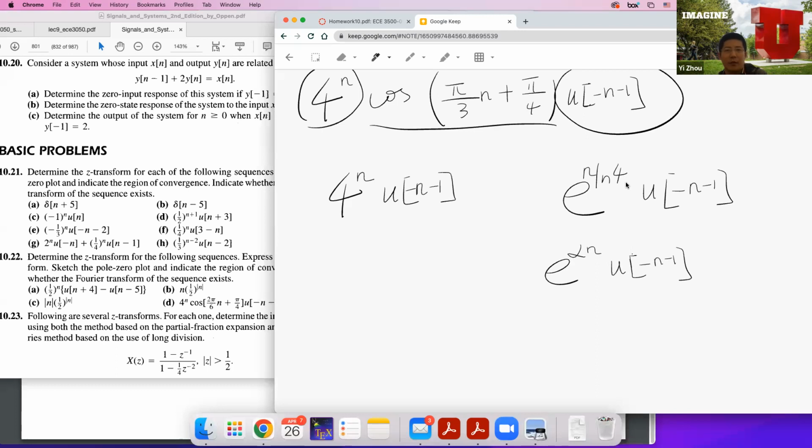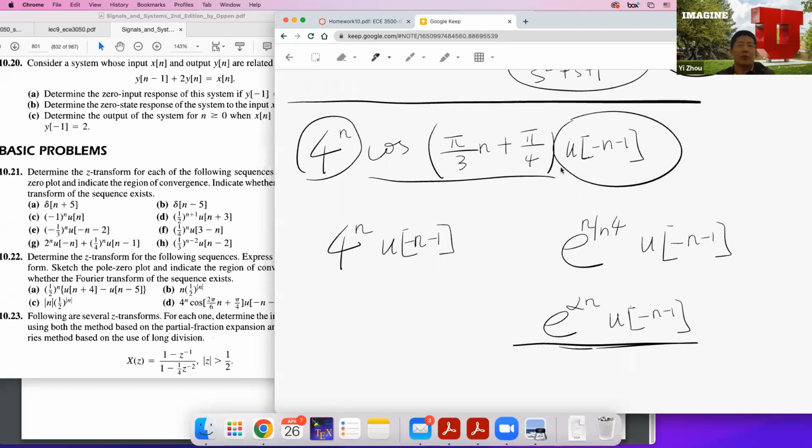Where this alpha is basically log 4, and then you can apply the existing table of Z transforms to get the Z transform of this one. Once you have that, you go back to introduce this additional cosine.